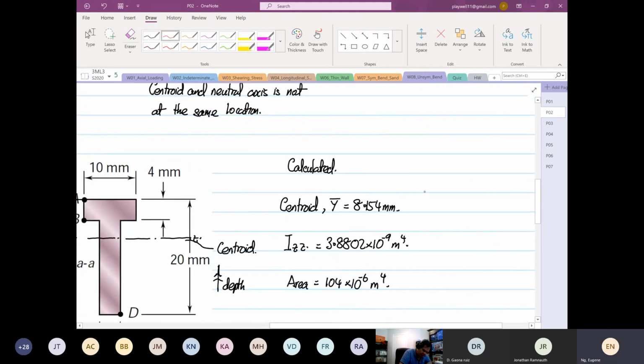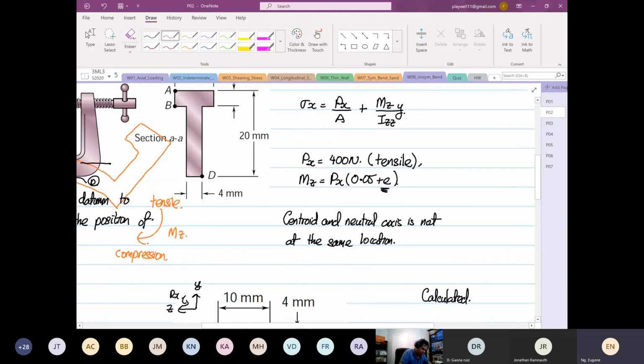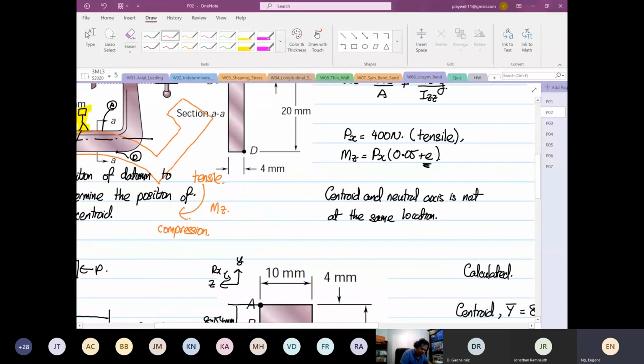EB is equal to 20 minus 8.154. When you calculate from the bottom, you get 11.846.